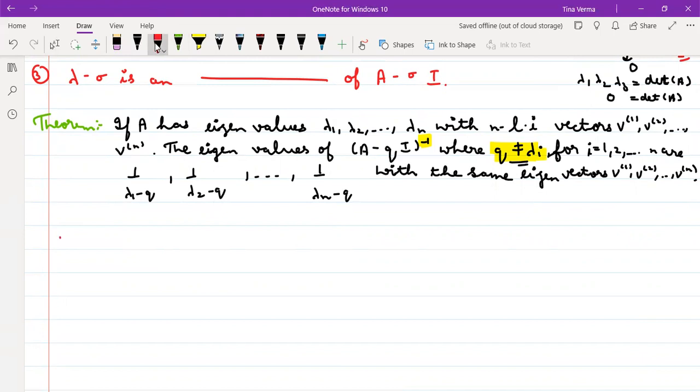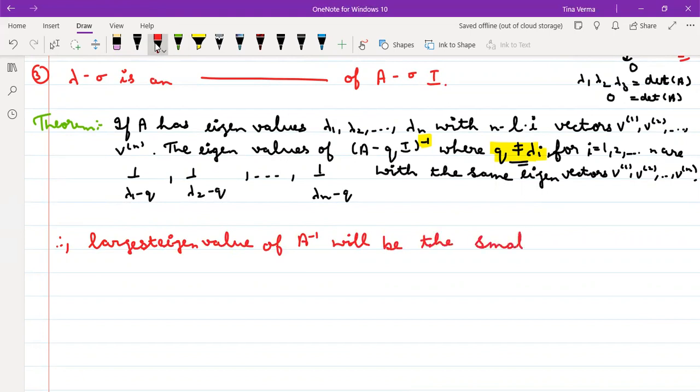So therefore, you can notice from here that the largest eigen value of A inverse will be the smallest eigen value of A. So that means जो आपकी A inverse की largest eigen value होगी वो आपकी smallest eigen value of A होगी.